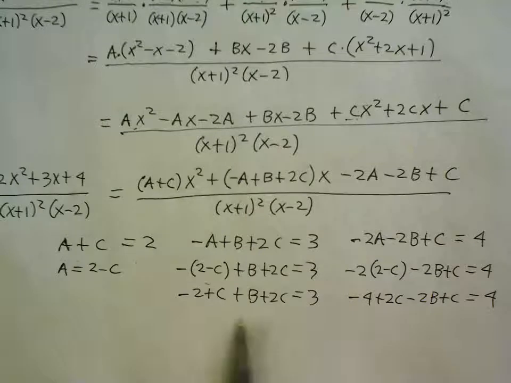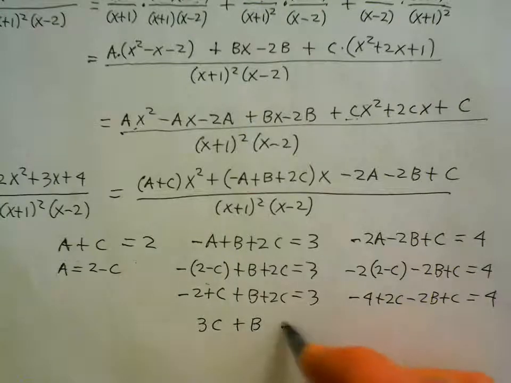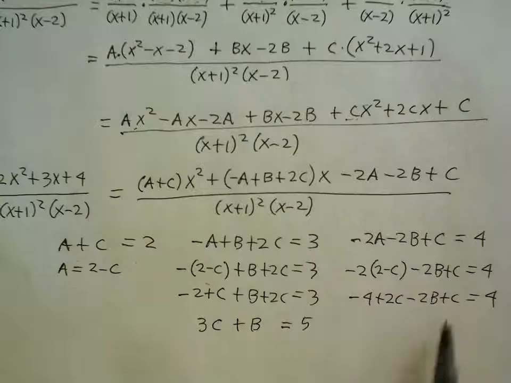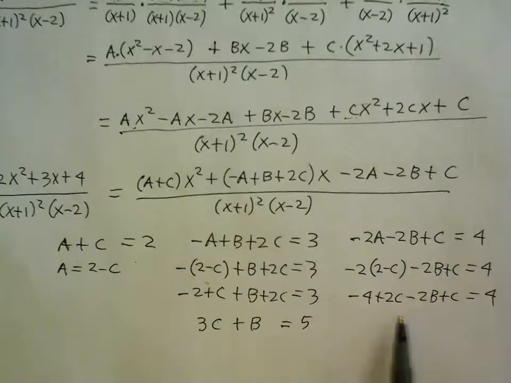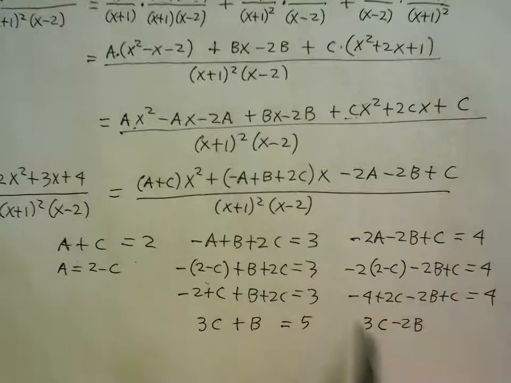Over here, combine like terms. C plus 2C is 3C plus B. And let's go ahead and add 2 to both sides, so we get 5 on the right-hand side. And here, combine like terms. 2C plus C is 3C minus 2B. We'll add 4 to both sides, and we get 8.